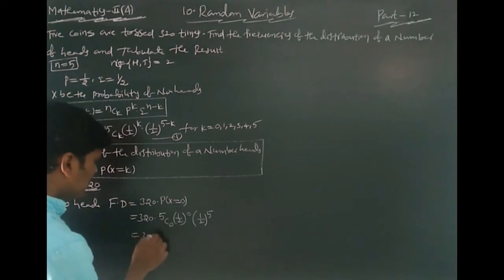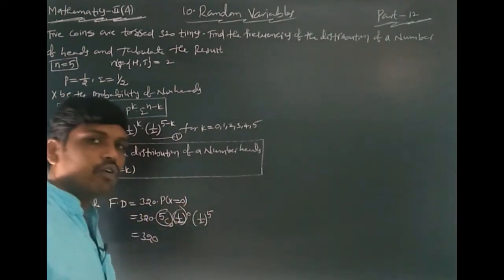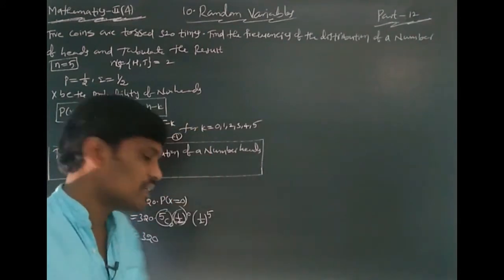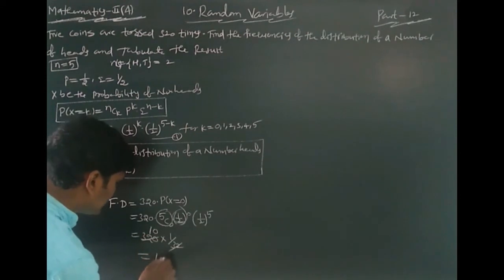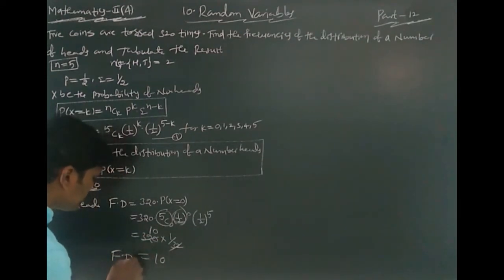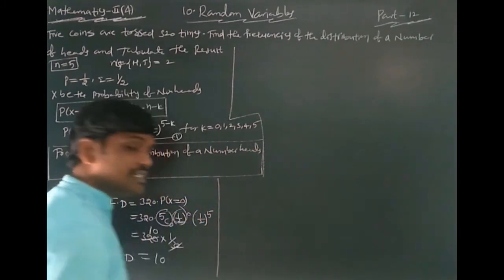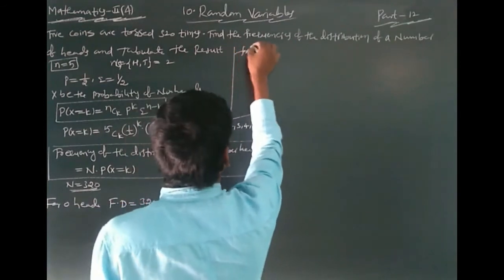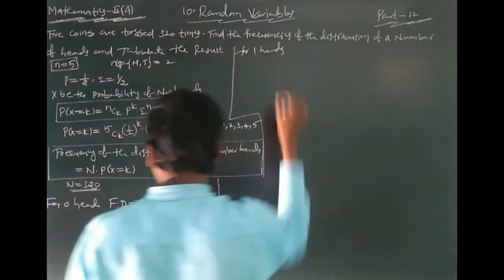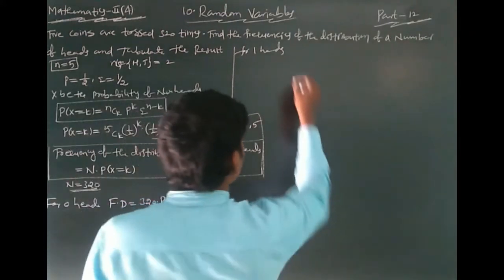Here 320 into 5C0, which is 1, (1/2)^0 which is 1, and (1/2)^5 is 1 by 32. 32 tens are 320. So for 0 heads, the frequency distribution is 10.